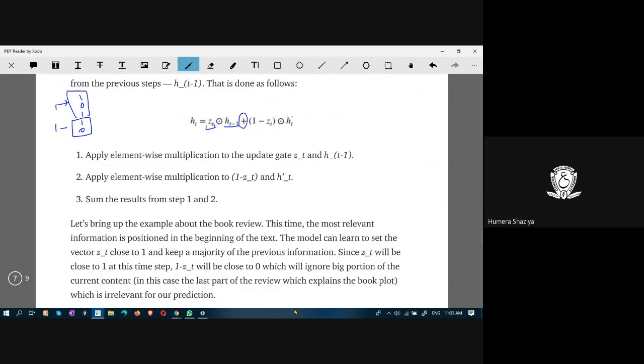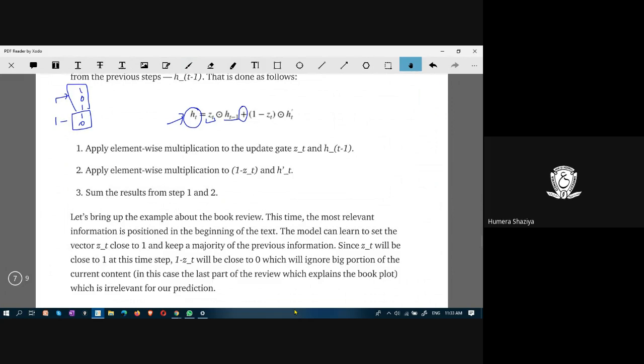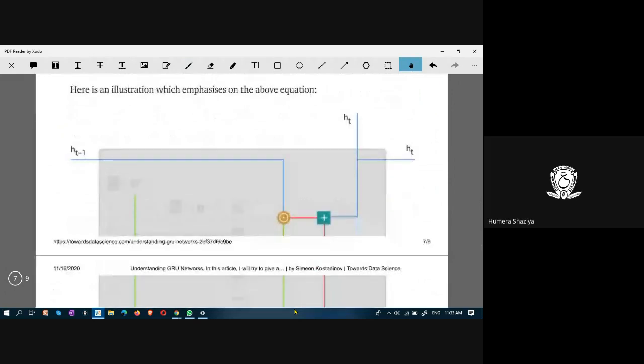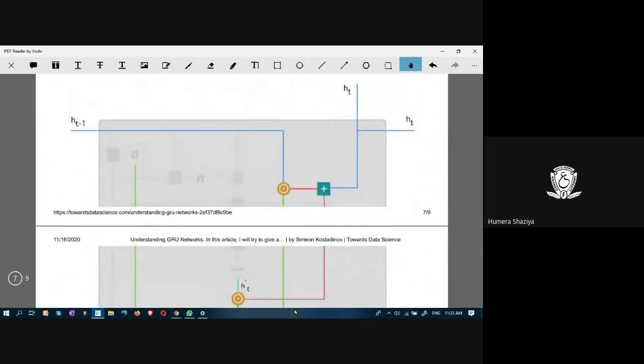Then later perform the sum operation to get HT. HT is the final state of the present unit. This one.